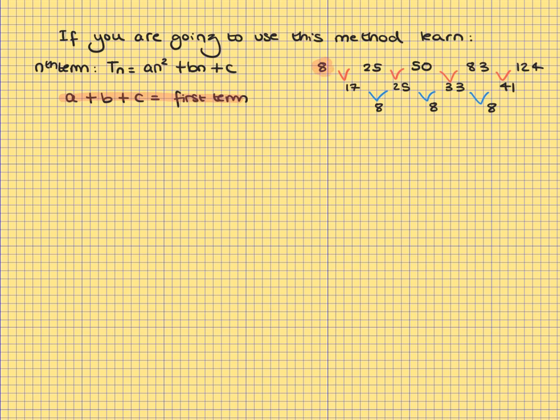You're then going to need to learn that 3a plus b is equal to the second term minus the first term. So that result corresponds to this value here in the example that we did previously. And the last rule that you're going to have to learn is that 2a is equal to this value here, which is the second difference.